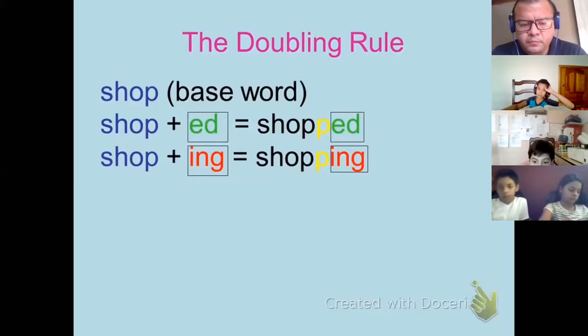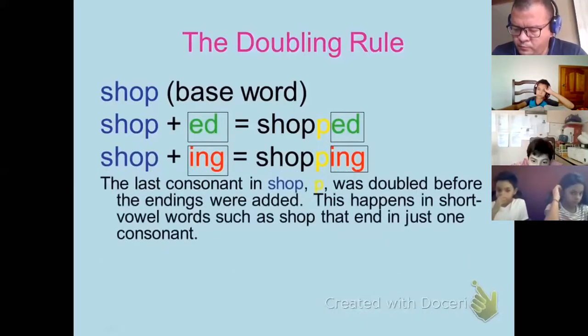Then the same applies for the next word ending. Ing, you have O, which is again the same as before, vowel, consonant is a P, you must double the consonant, that's why it is in yellow, so it can stand out, and add ing. So this is the doubling rule. Double the consonant and add your ending when you have a vowel and a consonant.